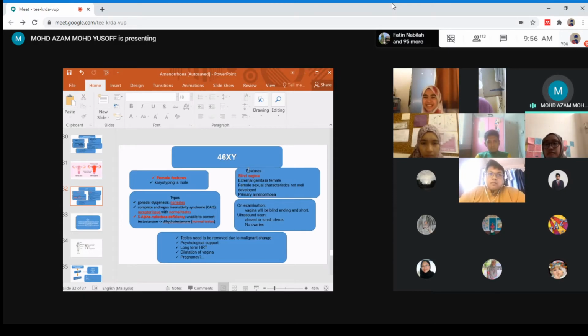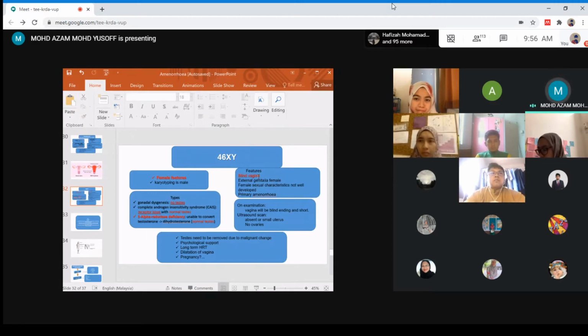The lower one-third of the vagina comes from the external genitalia. The external genitalia develop with the vulva, labia minora, labia majora, and the lower part of the vagina, they develop together.